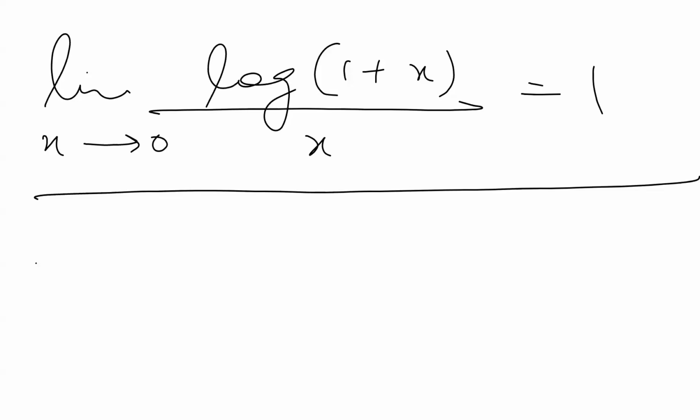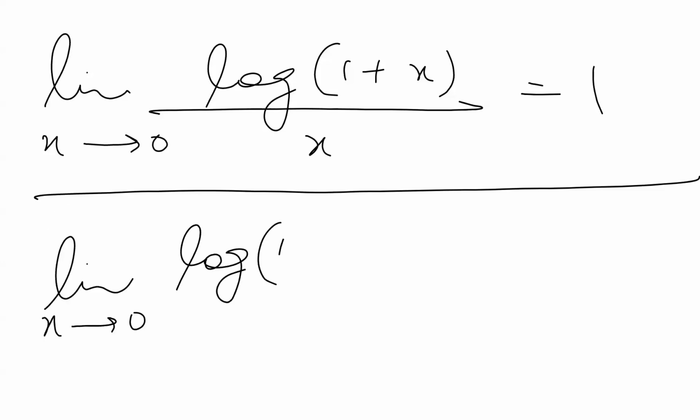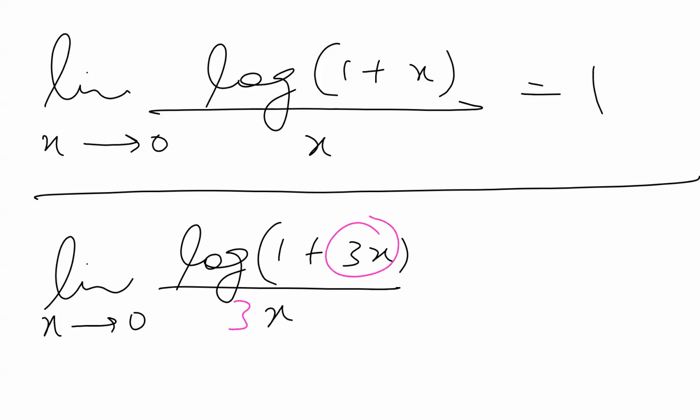Okay, one small example. Limit, tell me how to solve this. Multiply and divide by 3. Correct, because there is 3x over here. I'll multiply and divide by 3.